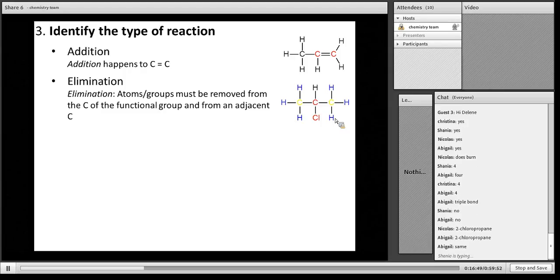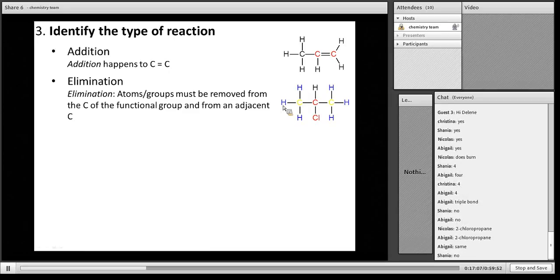Okay, nobody's too sure. Okay, Shania, yeah, okay, yep. You're right, Shania. The double bond can't form anywhere, because what will happen is this yellow carbon will have 3 atoms bonded to it, and remember we need 4 bonds.